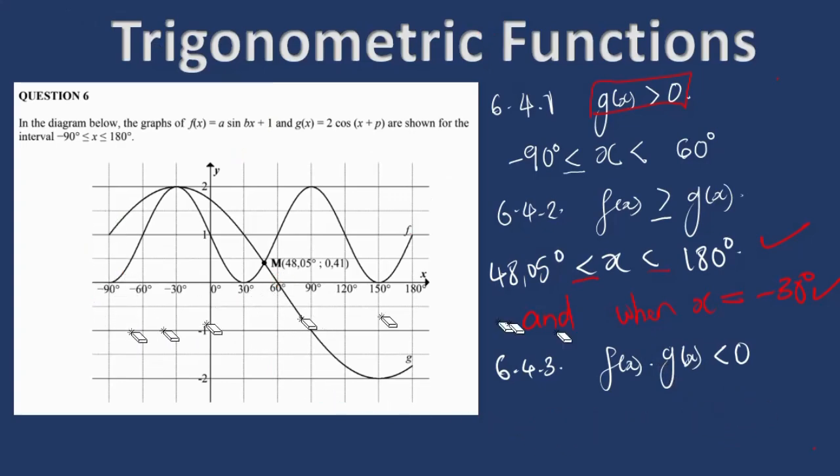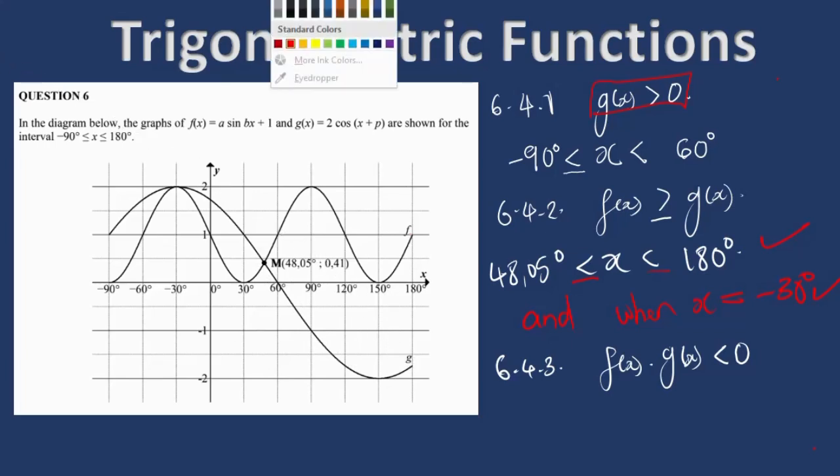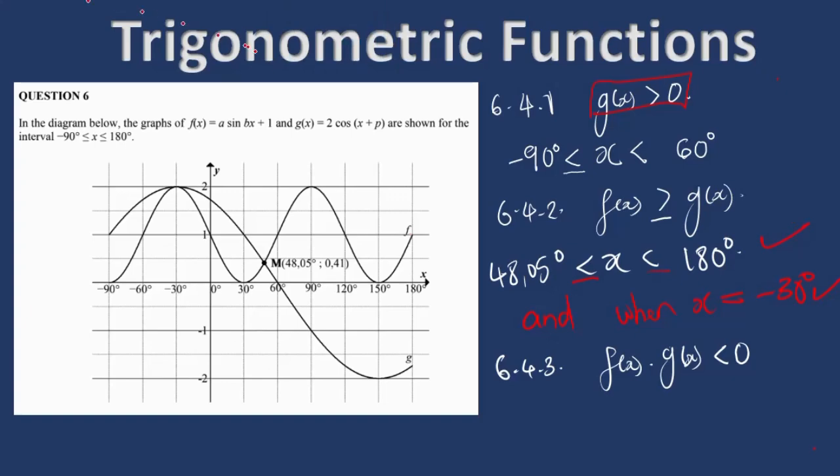We are saying here, the product of these graphs must give you a negative answer. So if it must give you a negative answer, it means they must be on different sides. One of them must be positive and the other one must be negative. Yes. So let's do that. So these graphs here, how that happens, it starts here, at this switch over, one of these graphs becomes negative.